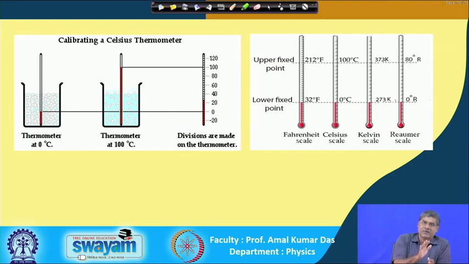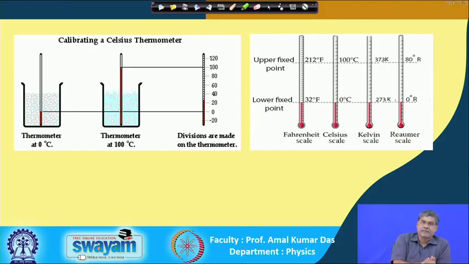So, let us concentrate only on the Celsius scale, and then there are relations to Fahrenheit and Kelvin, Roman. So let us just discuss the Celsius scale. The ice temperature, that is the international standard, is taken as 0 degree centigrade.